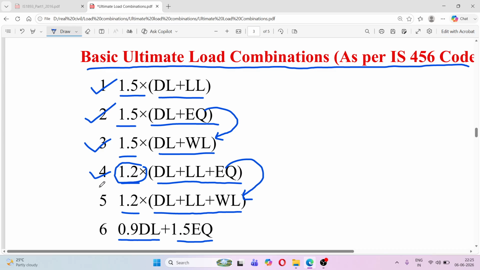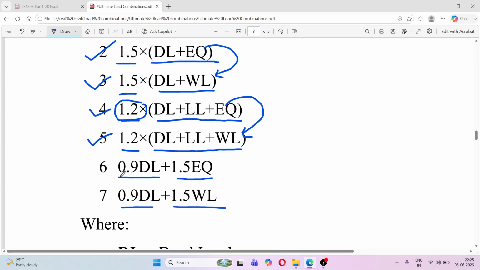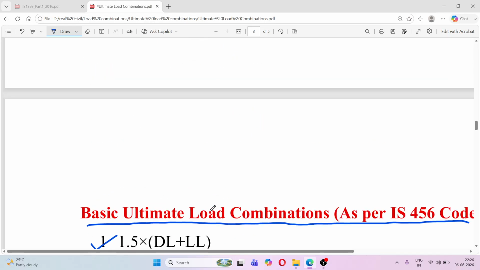Remaining things are same, and that will become case number 5. Case number 6 is 0.9 dead load plus 1.5 earthquake, and if we replace this earthquake case with wind load, then we can create our seventh case, that is 0.9 dead load plus 1.5 wind load.